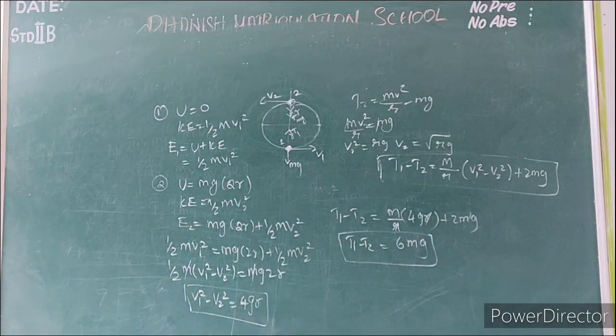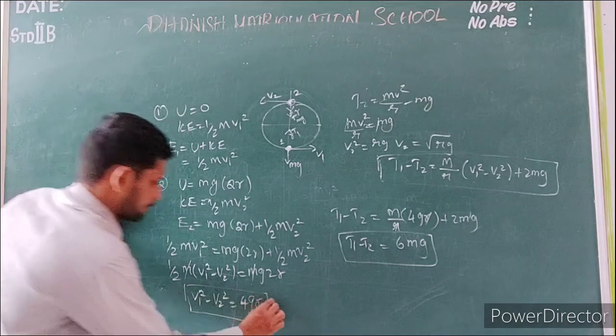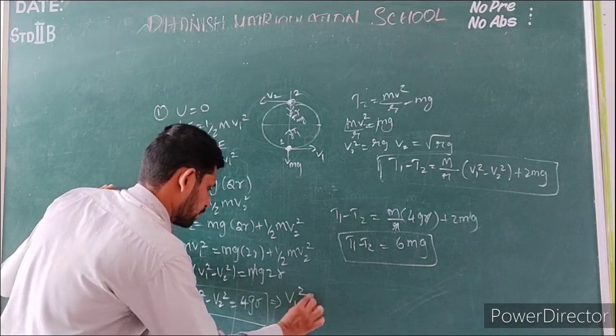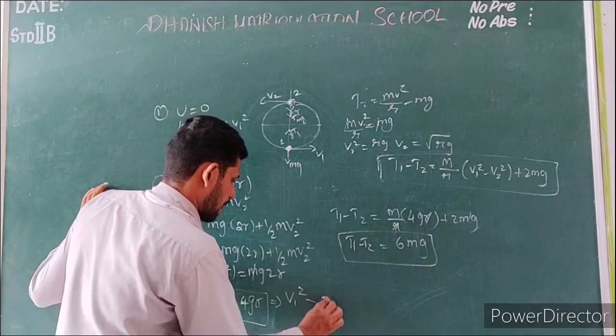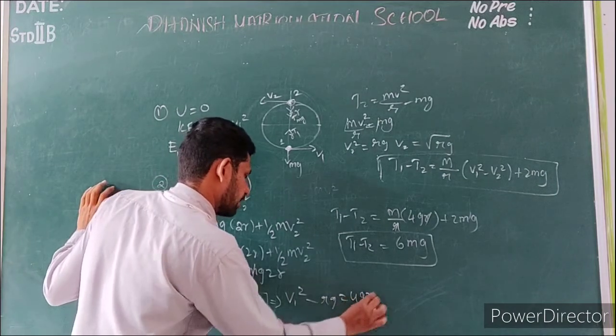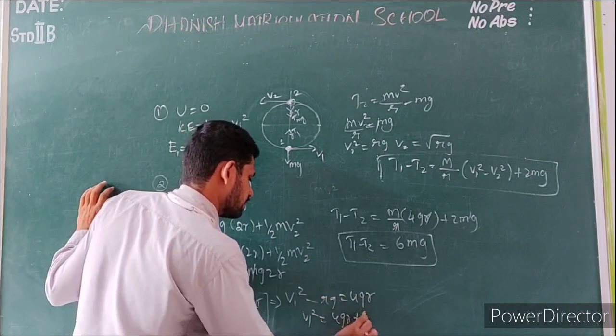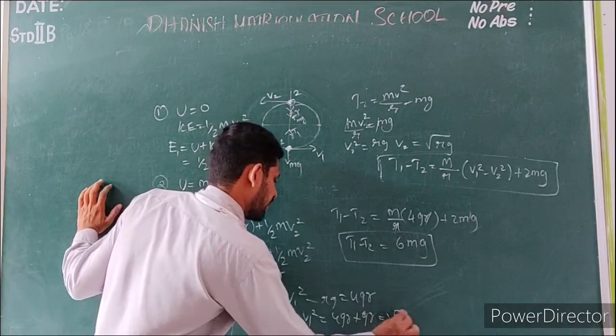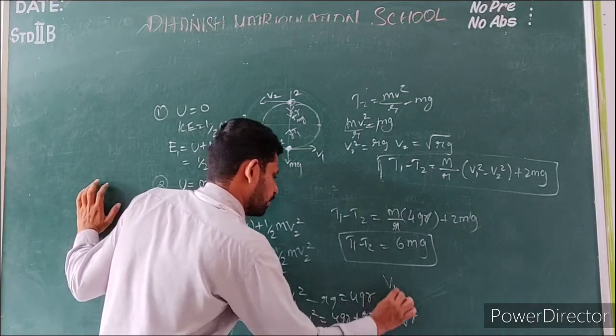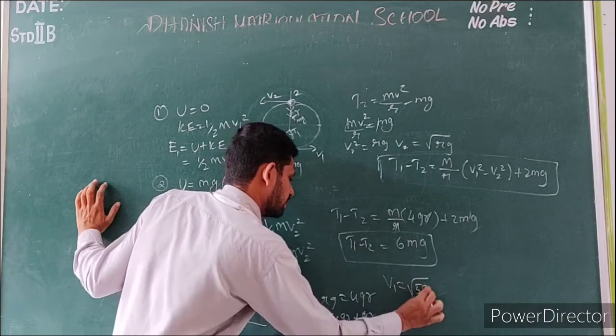Substituting here, v1 square minus rg will be equal to 4gr. Then v1 square will be equal to 4gr plus gr, which is 5gr. So v1 will be equal to root 5gr.